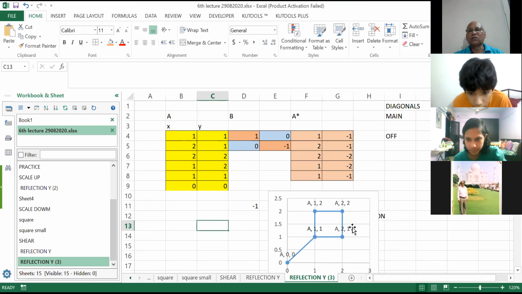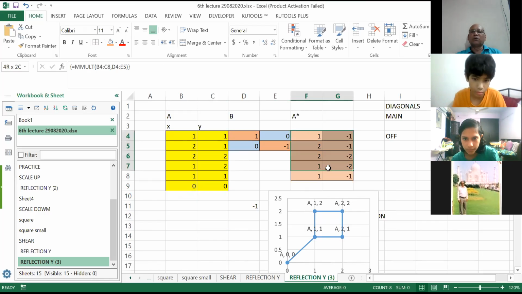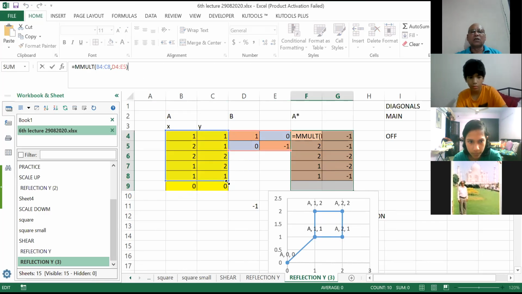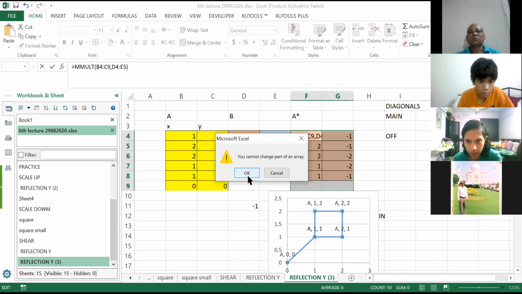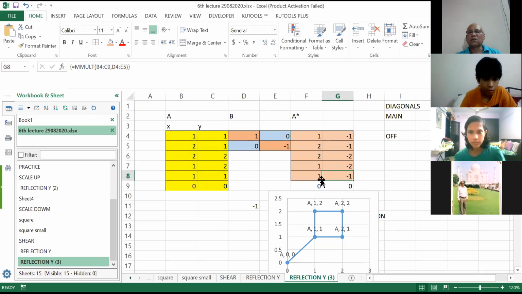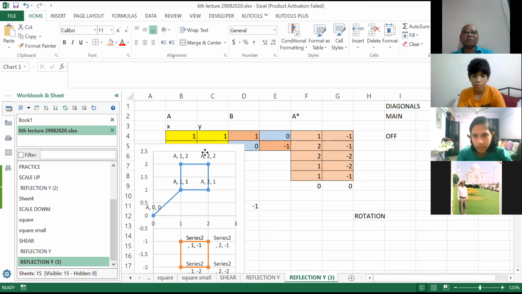Now you see this is a kite-like thing. We have to do a similar thing for our transformation also. We have to add that row also. Now this we have achieved, and Control Alt Delete. This was reflection. Now you can see the reflection also.